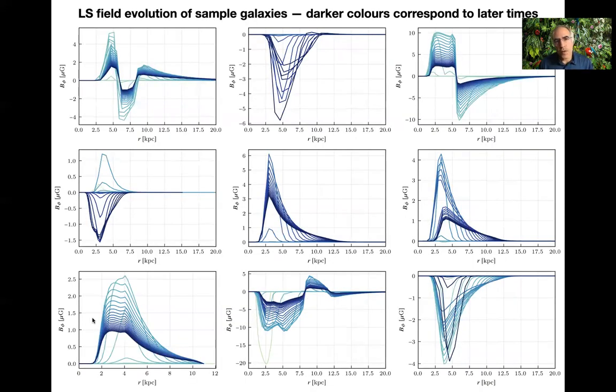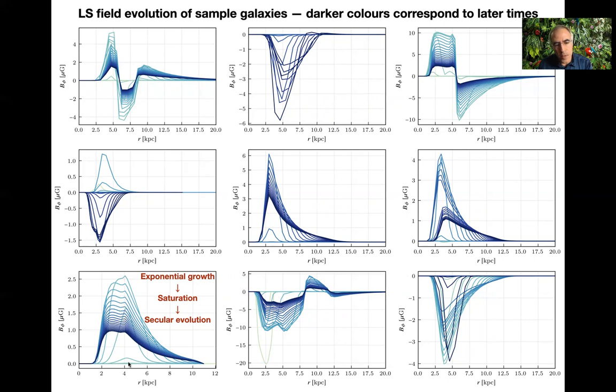So here are some results for the large scale field. These are just a few examples. We run over 1 million galaxies to get the statistics. In what I'm showing here, the dark colors represent later times and the lighter colors represent earlier times. For example, in the one in the bottom left, what you can see happening is that it first increases the field strength, and what I'm showing here is the toroidal component of the mean field.